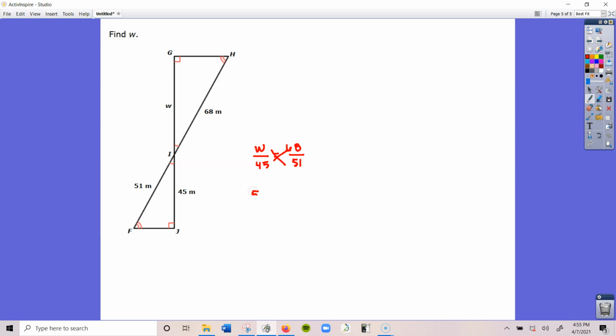W times 51 is 51W is going to equal to 45 times 68, which is 3060. And then we divide by the 51. And we get that W is going to equal to 60.